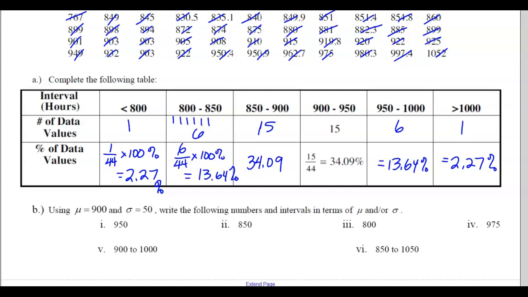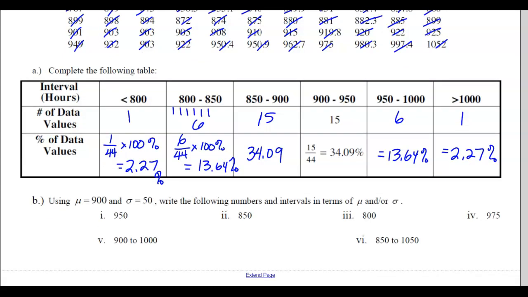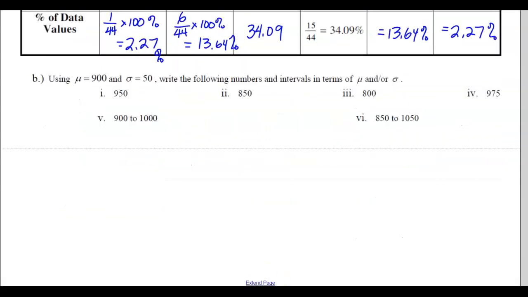Write the following numbers and intervals in terms of the mean and standard deviation. So we're kind of going backwards. Normally we go from an algebraic expression and substitute values in. Now I'm going from values and substituting variables in, which are the mean and standard deviation.